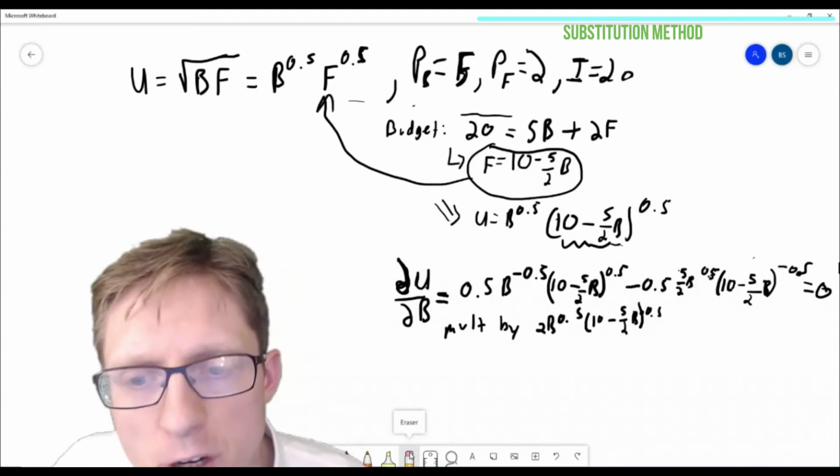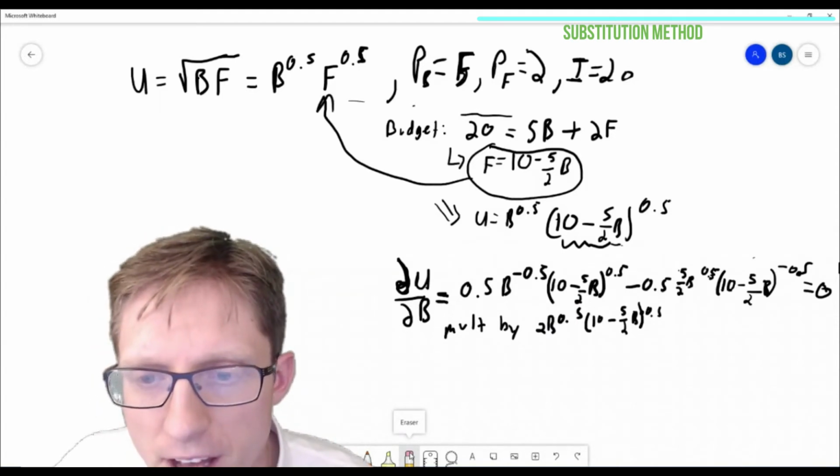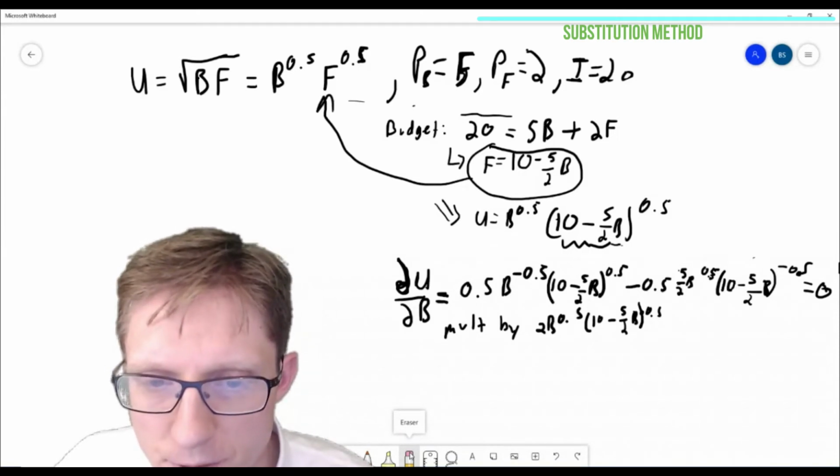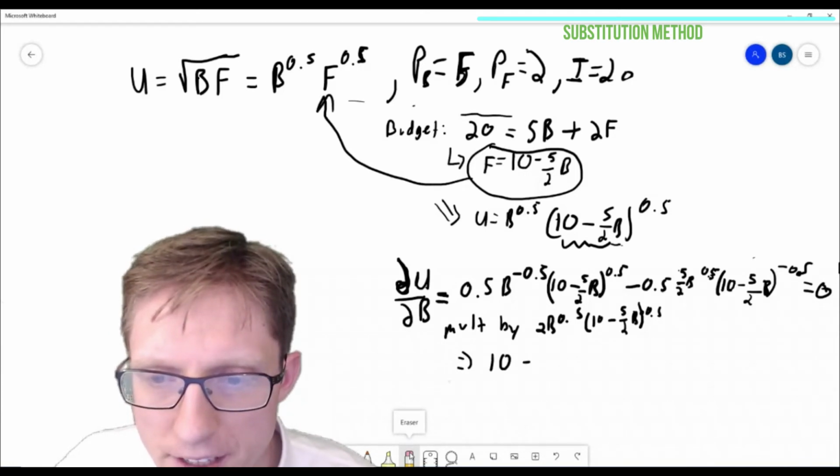So take this first term: the 2 is going to cancel the 0.5, the b to the 0.5 is going to cancel the b to the minus 0.5, and we're going to be left with 10 minus 5 halves b.